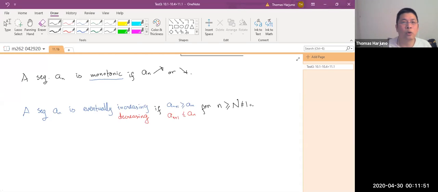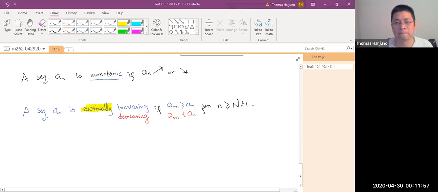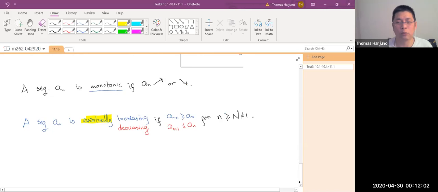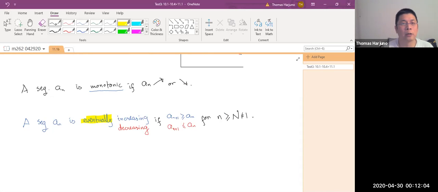The key word that I want to emphasize is the word eventually. That's the key word. Now, take a look on the following example.